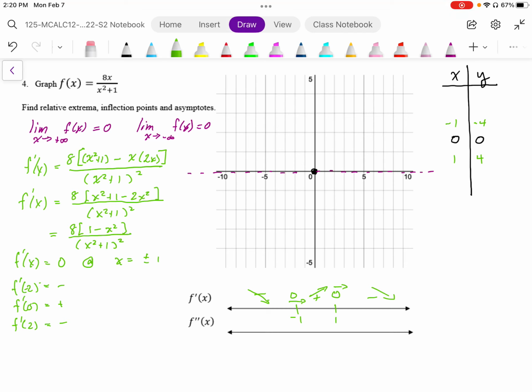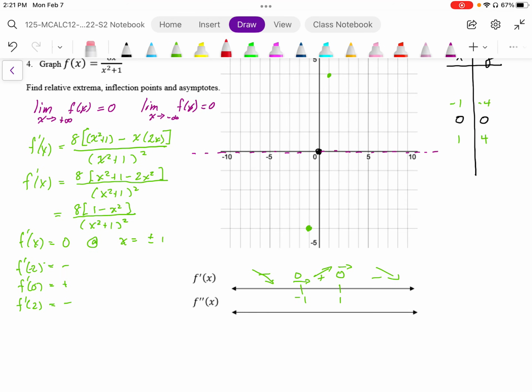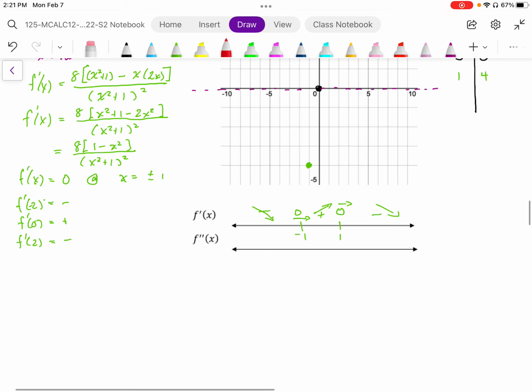So graphing those two coordinates, it looks like my min point is here, and my max point is going to be here. Okay, so I've got my coordinates there, and I want my derivatives here.